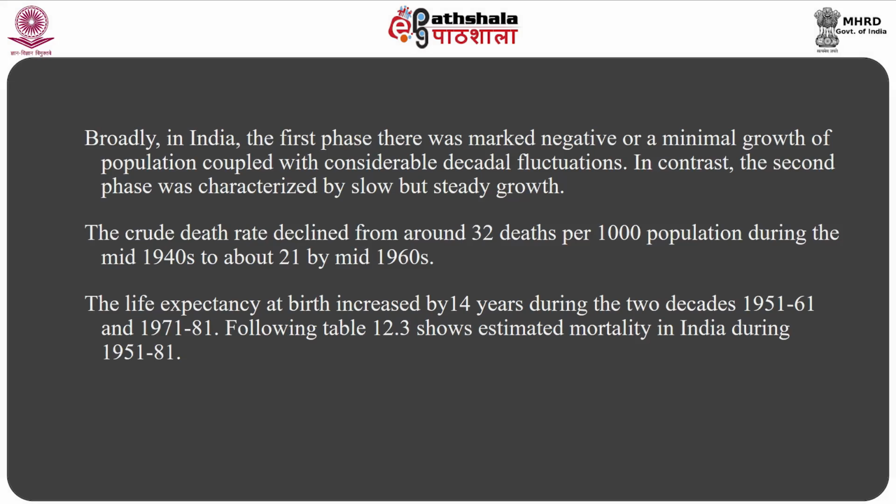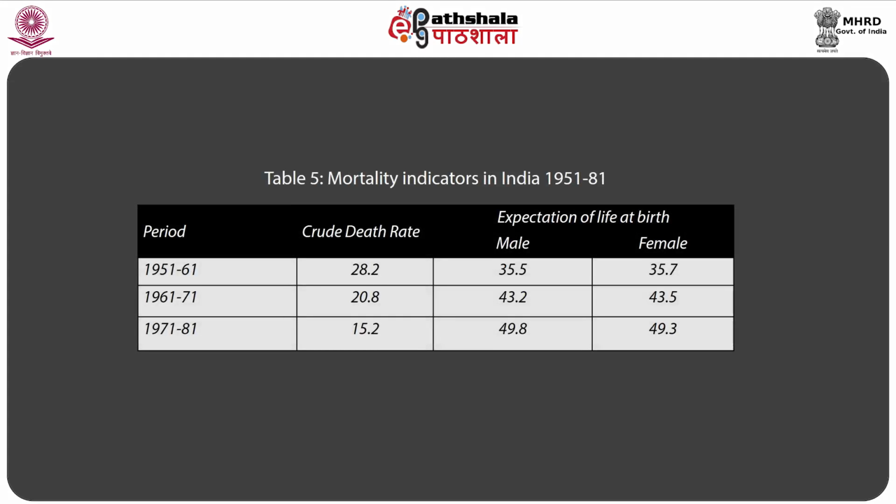The following table 12.3 shows estimated mortality in India during 1951-81. The crude death rate in India declined at a slow pace from 1951 to 1981, from 28.2 to 15.2, a 13 point decline during 3 decades.